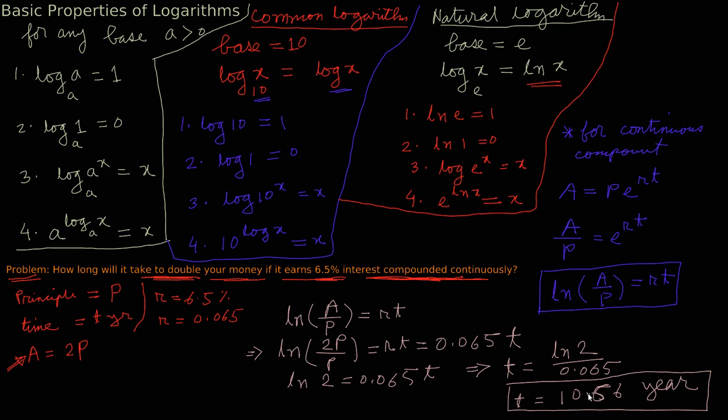So in 10.66 years, or almost 11 years, you are going to see that your money is going to double, with an interest rate of 6.5%.